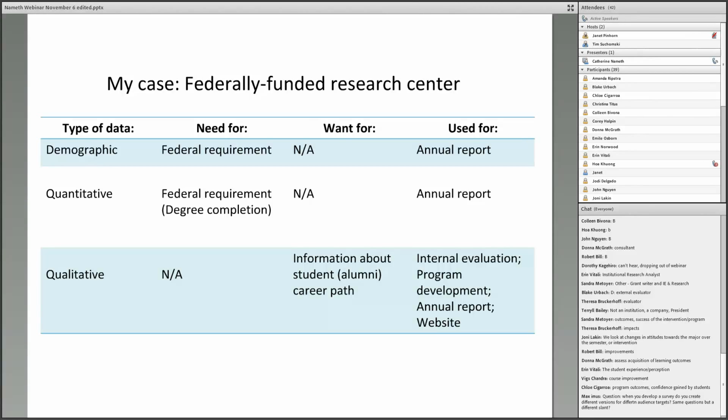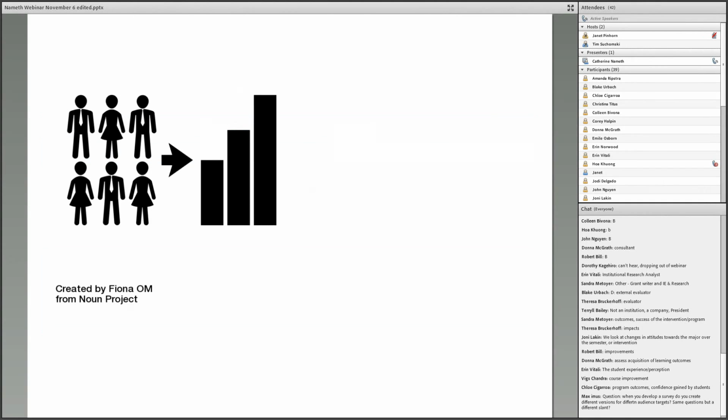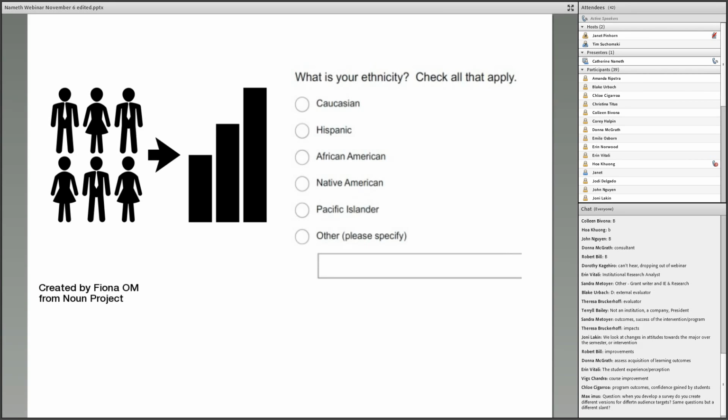If we follow along with the demographic information, we come to our first sample question that I've pulled. Regarding demographic data, I'd like to show you a question and have you use the chat window to identify the problem with this question.